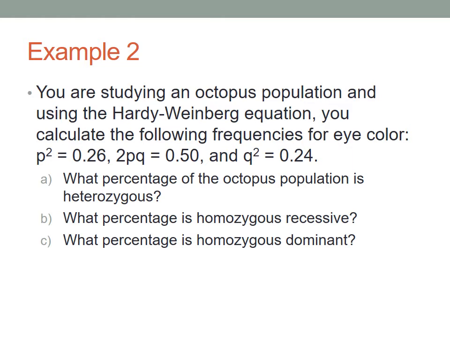If you need longer than 20 seconds, you should pause it. Okay, I'm going to show you the answers. So if you haven't calculated them on your own yet, you want to pause it now.